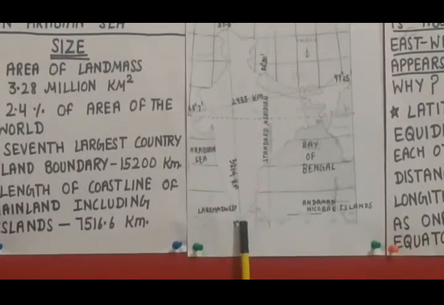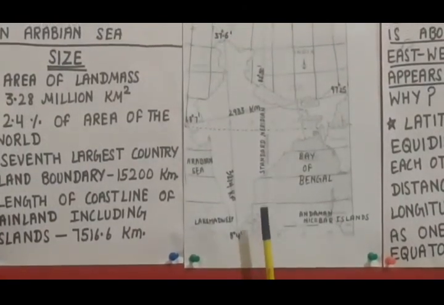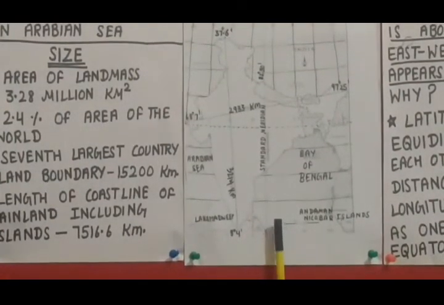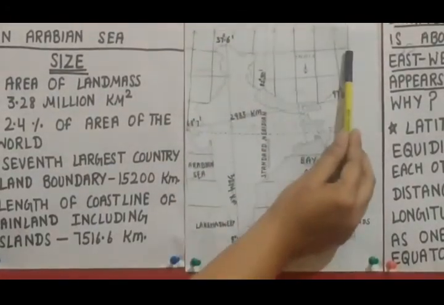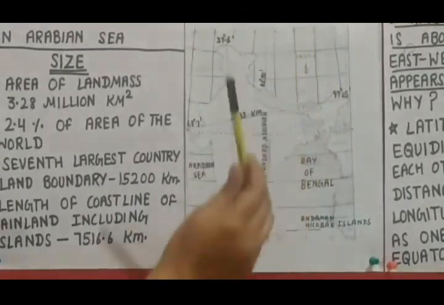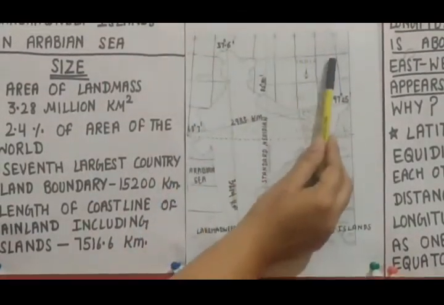So why are we saying it north? Because India lies in the northern hemisphere. That is why both these latitudes are northern latitudes. So this is the latitudinal extent of India.